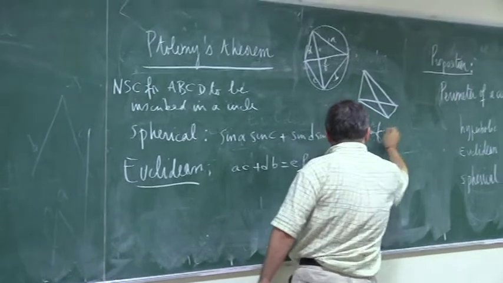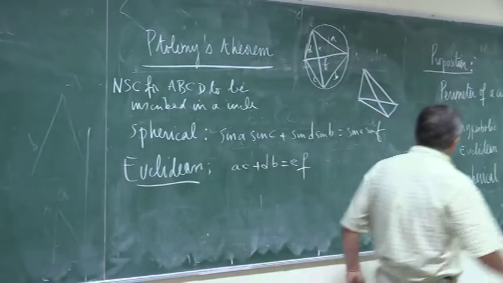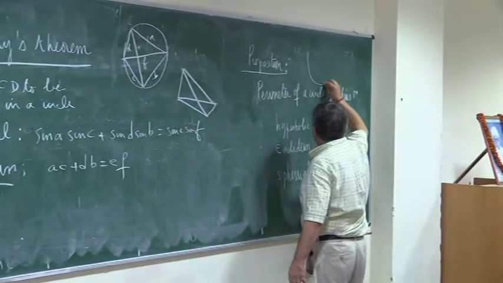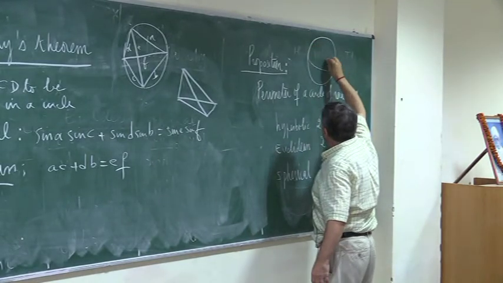In the spherical case, I didn't tell you what a circle is. I told you what a line on my sphere is: a great circle.